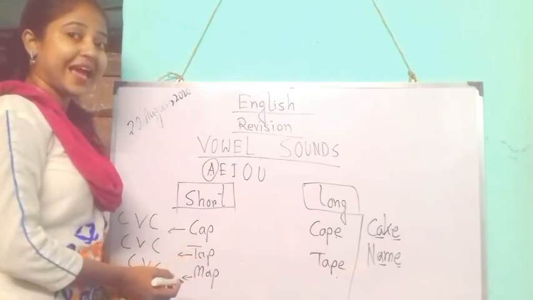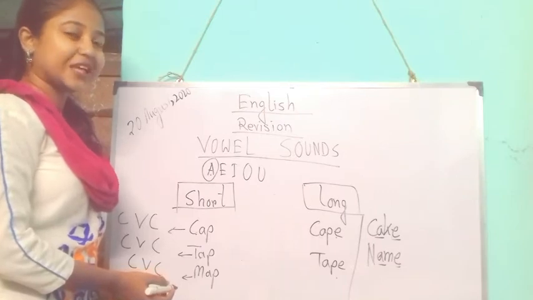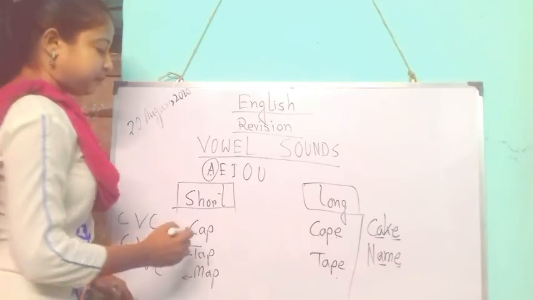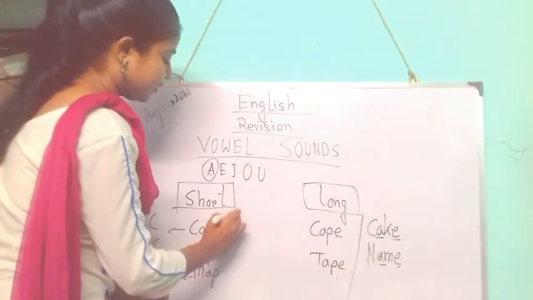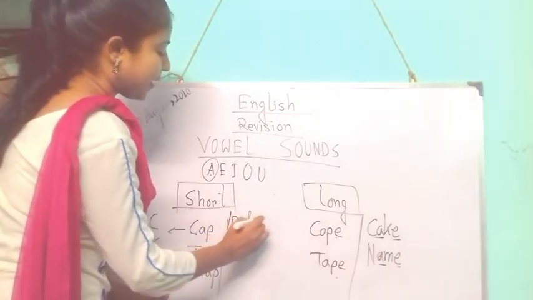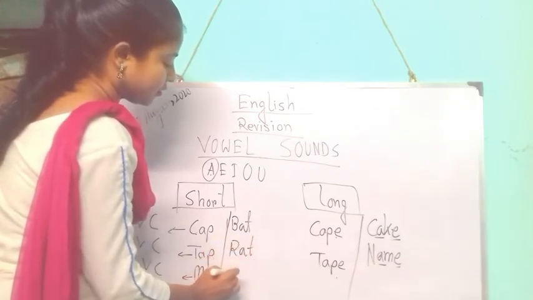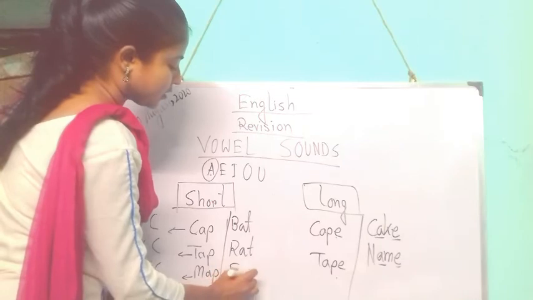A sounds like a. Bat, fat, rat, all sound like a. See? Bat, rat, fat.